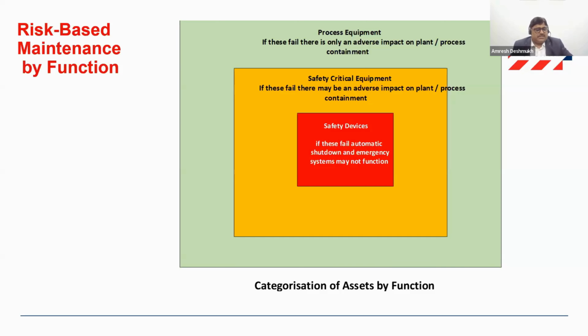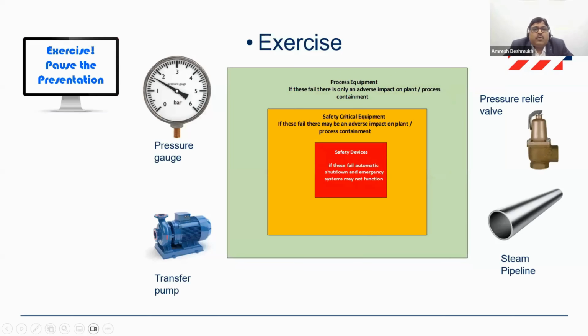So just for a minute, I'm trying to put an exercise to all of you. These are four devices that I've put here: a pressure gauge, a transfer pump, a steam pipeline, and a pressure relief valve. On your notebooks, try to categorize each of these in any of these three categories.